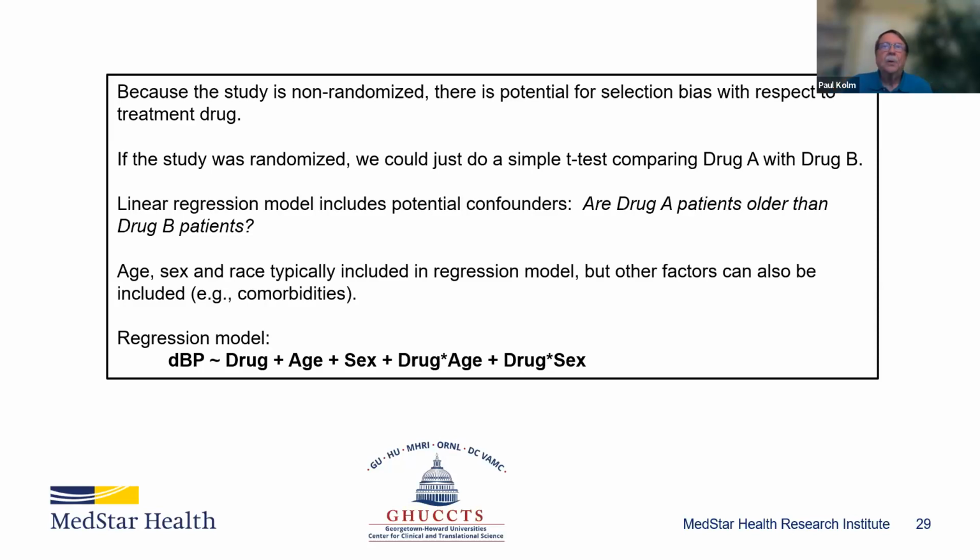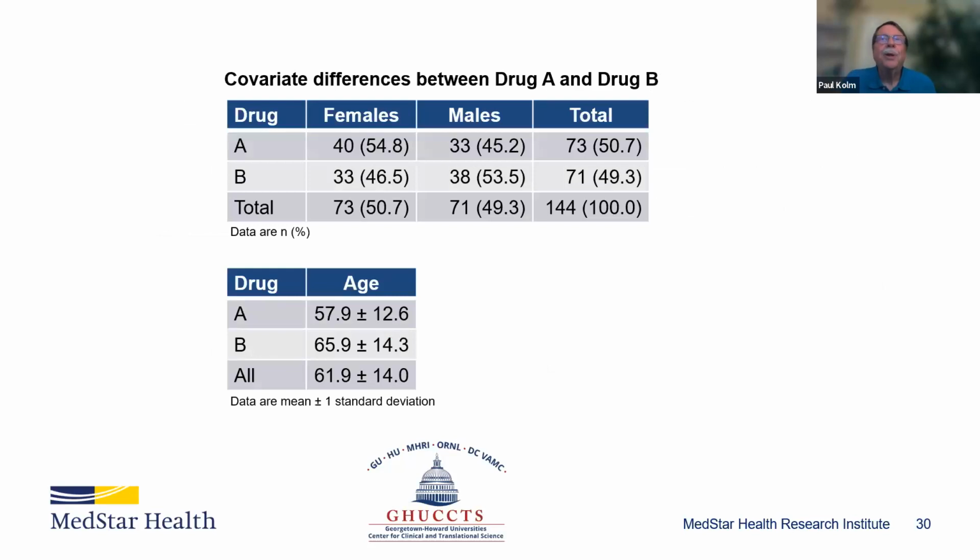The first thing that we should do, although maybe people don't do it, is look at the distribution of sex and age in our two drug conditions. We can see that there's an opposite reversal between males and females in the two drug groups.